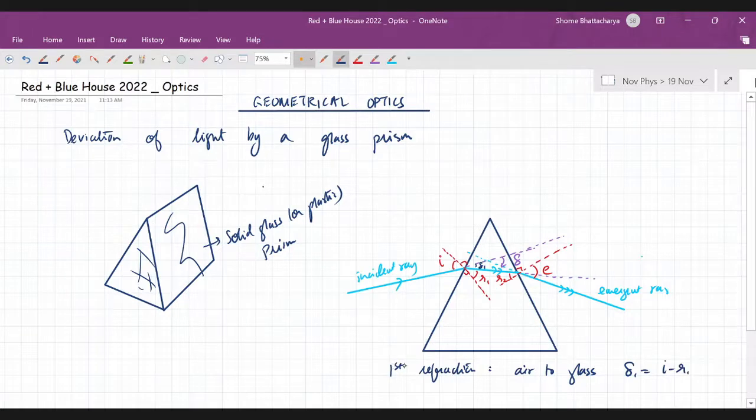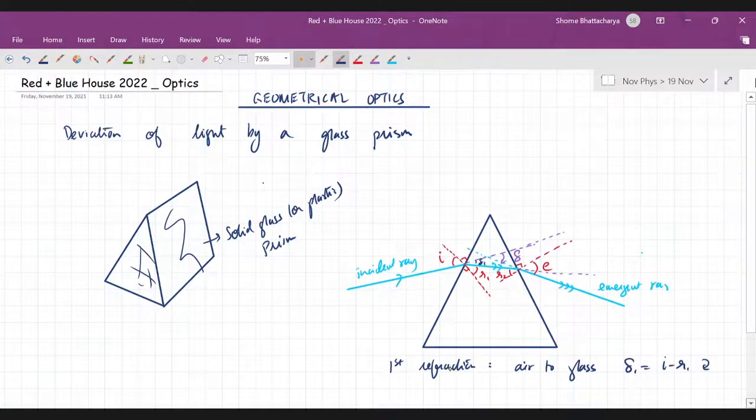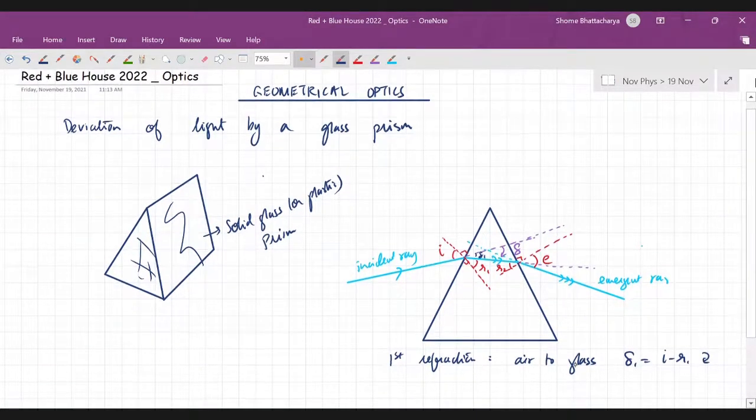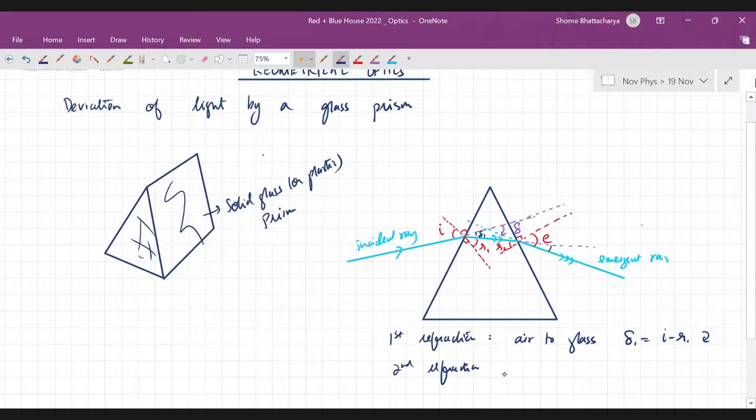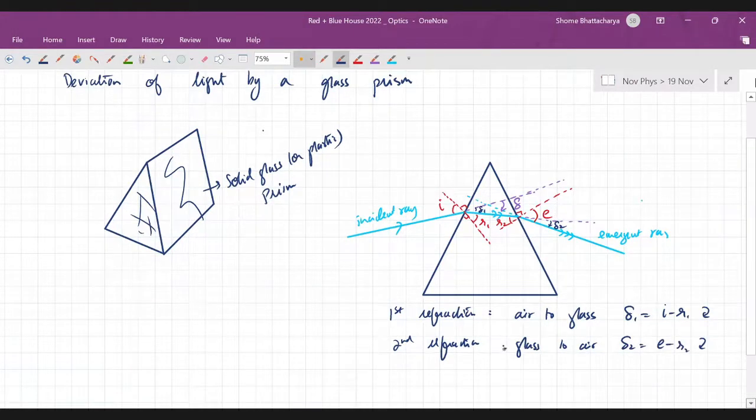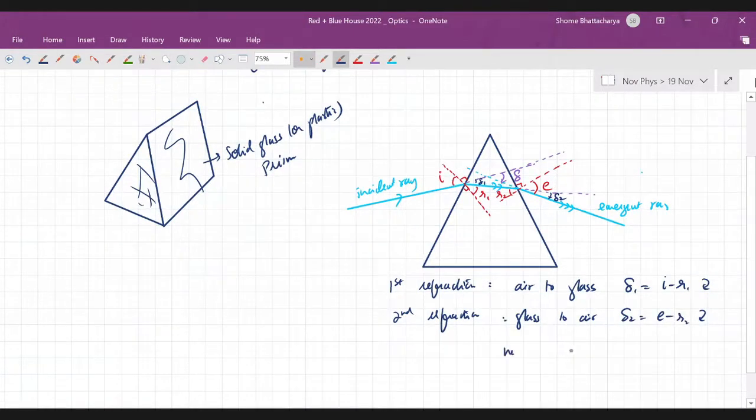And the second refraction is from glass to air. So then there's a net deviation, which we want to calculate. Okay.